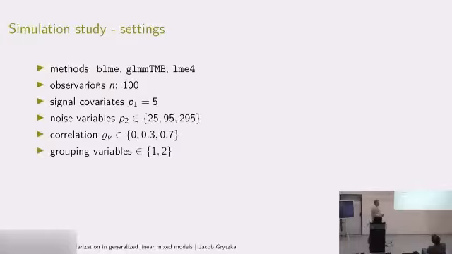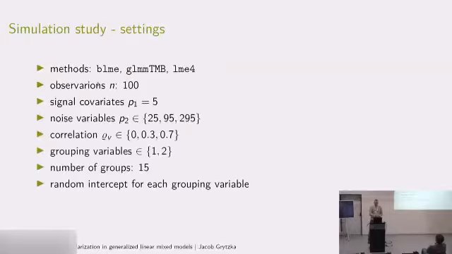We have one or two grouping variables, always 15 groups, always a random intercept, and settings with 0 slopes and settings with 2 slopes.